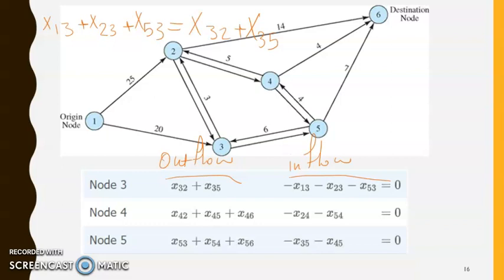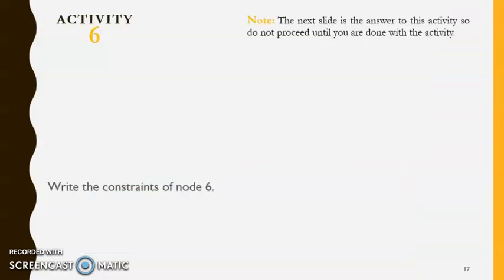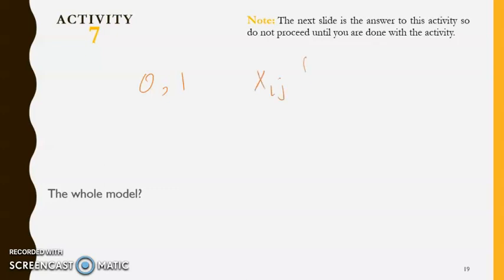And the final step is writing the whole model. You may ask yourself, what about the non-negativity constraints? Since, my friends, the variables are 0 and 1 variables, there is no need for a non-negativity constraint because the decision variables are already non-negative when you define them.